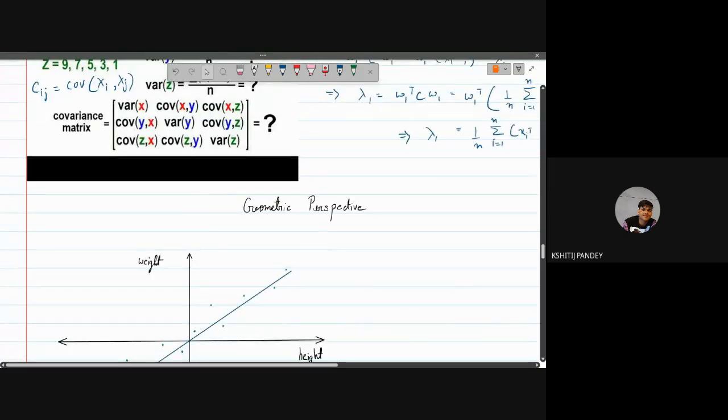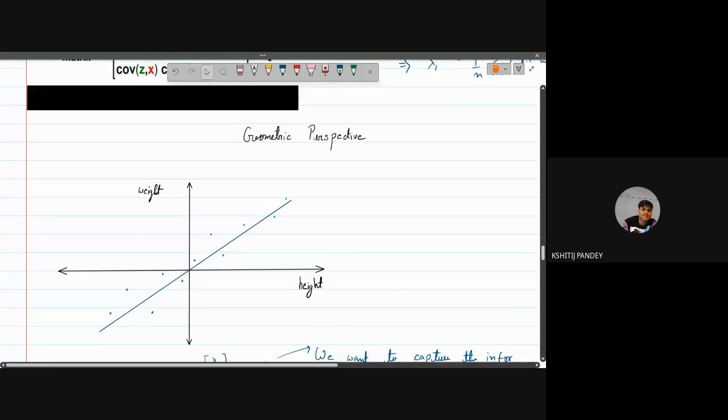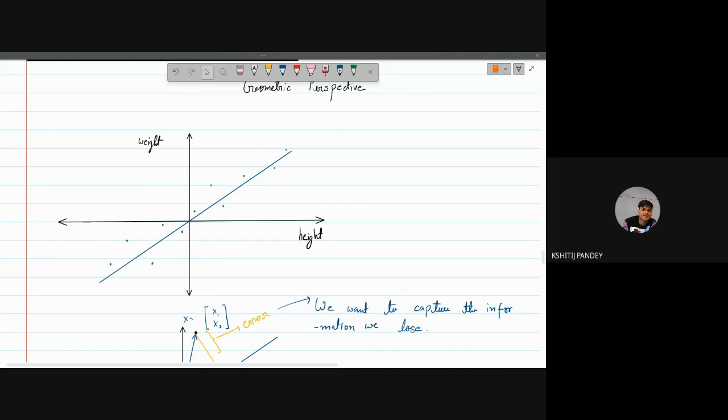So let's have a geometric perspective of this. I'll ask you a simple question: what is a coordinate system, and how does it help us, what does it do? Anyone?